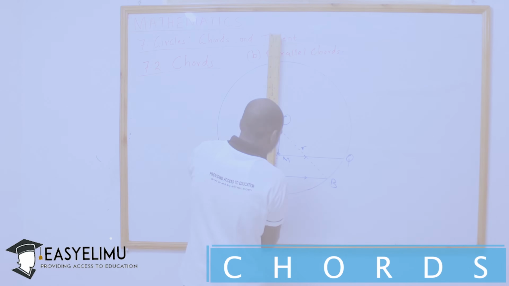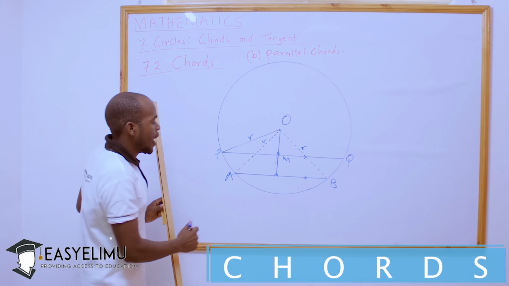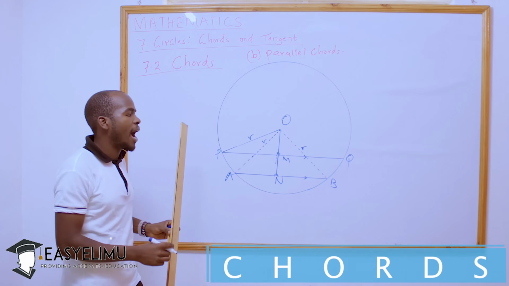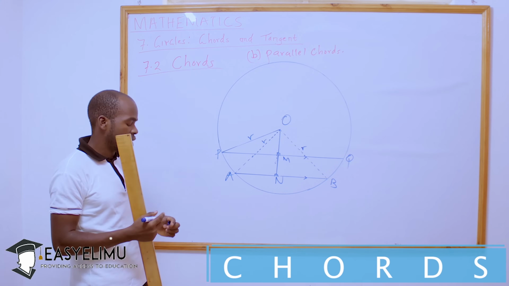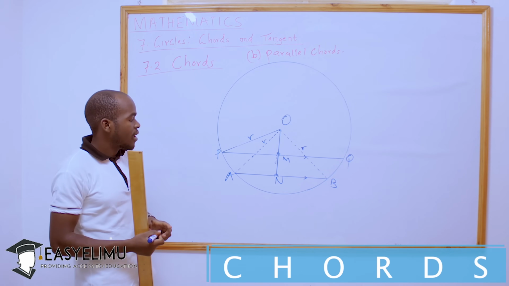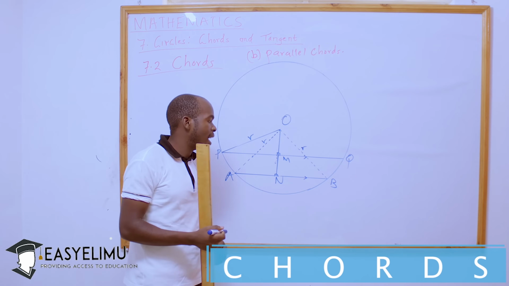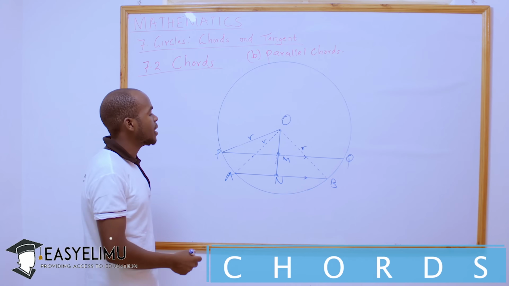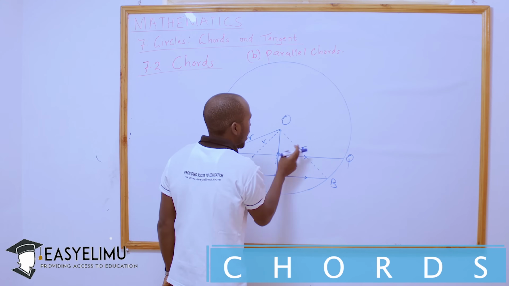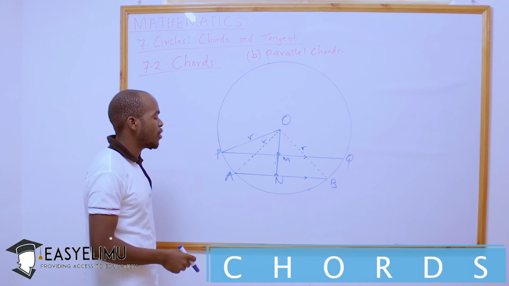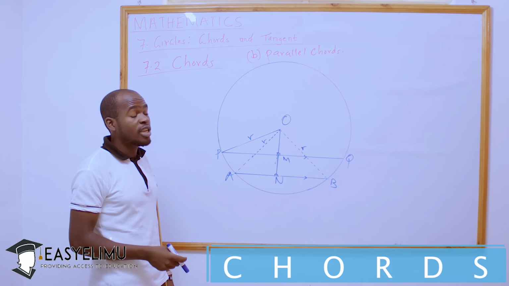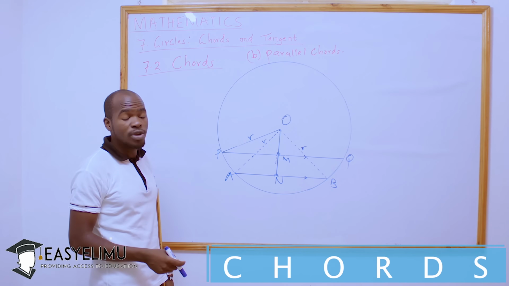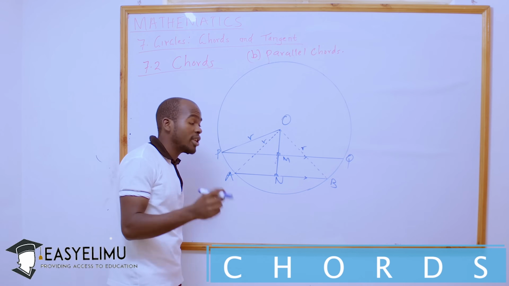I'm also going to have the same thing. Triangles ONA and ONB are congruent because they both have a 90 degree measure, or they are right angle triangles. If this is R and that is R, the sides of triangle OAB, then the triangle is isosceles because it has two equal sides.